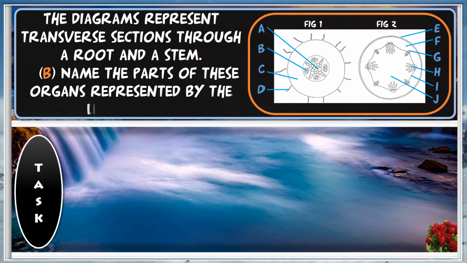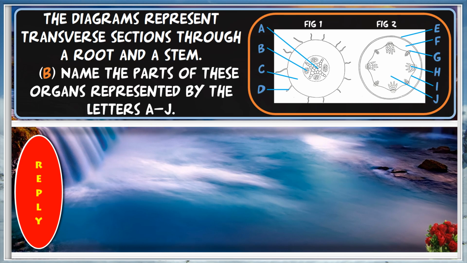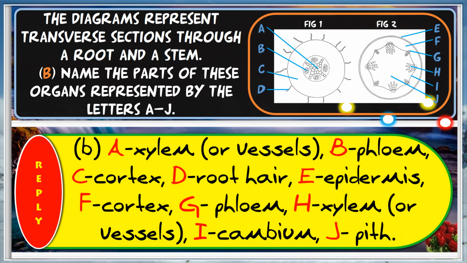Part B. Name the part of these organs represented by the letters A to J. A is a xylem or vessels. B is the phloem.